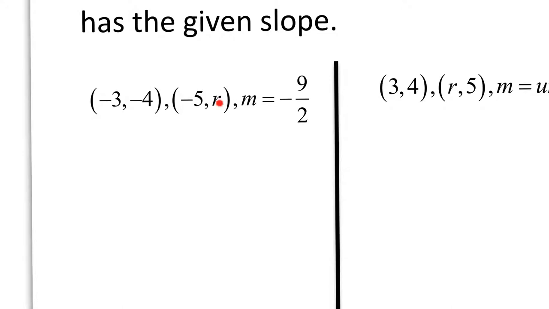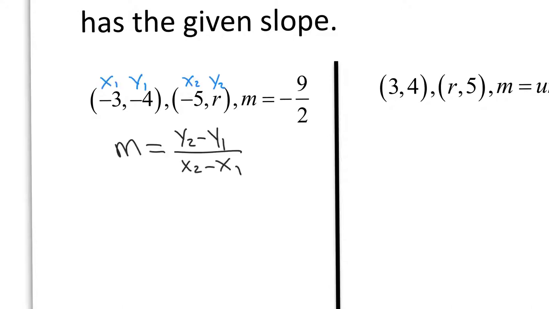Since we have the slope of the line and the 2 points on the line, we are missing one of the numbers, but we can use the slope formula to find that missing value. So let me write down the formula on the screen. The formula, once again, is m, the slope, equals y2 minus y1 over x2 minus x1. I already labeled what the numbers represent in each point. This is x1, y1 because it's the first point, and this is x2, y2 because it's the second point.